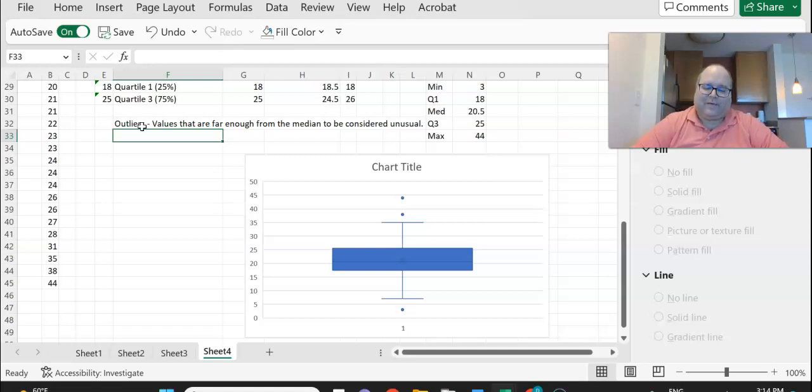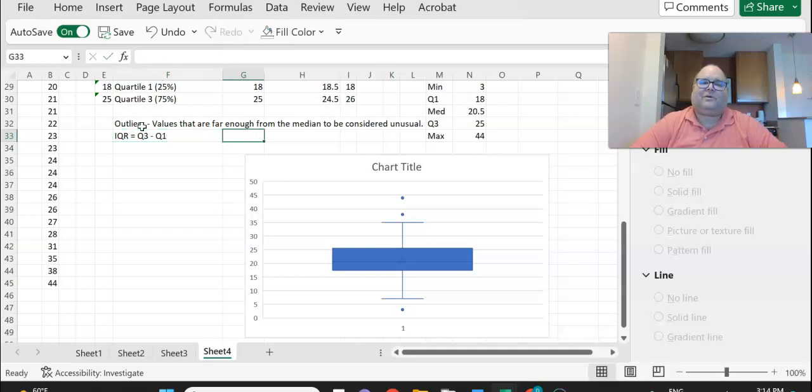One way to do that is using what is called an interquartile range, or IQR, which is the range of values between Q3 and Q1.